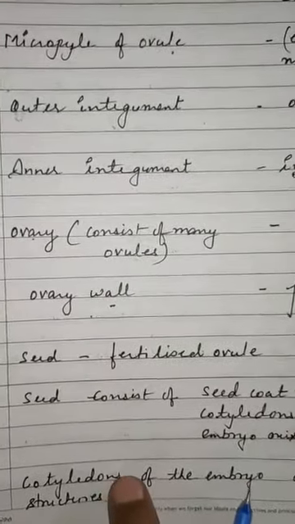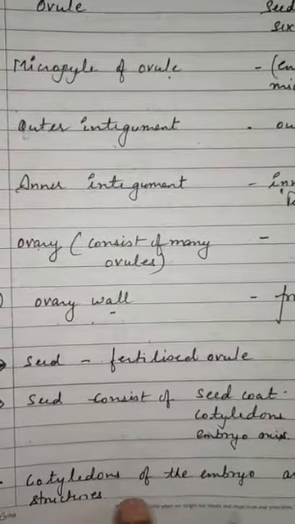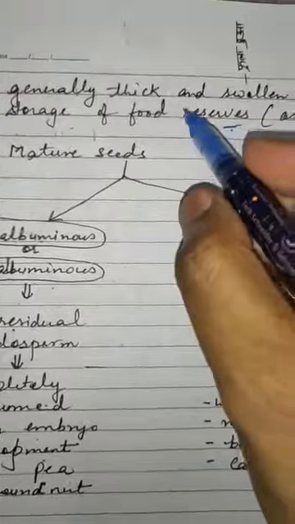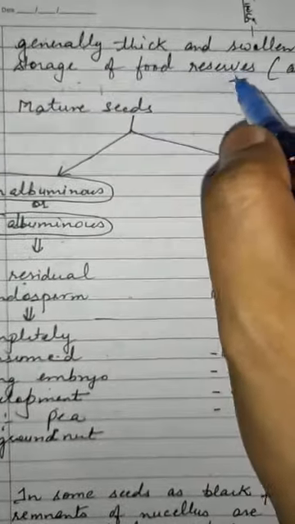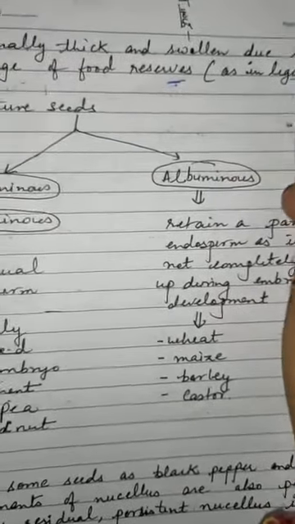The cotyledons of the embryo are simple structures. Generally they are thick and swollen due to the storage of food reserves, as in legumes, like pulses.